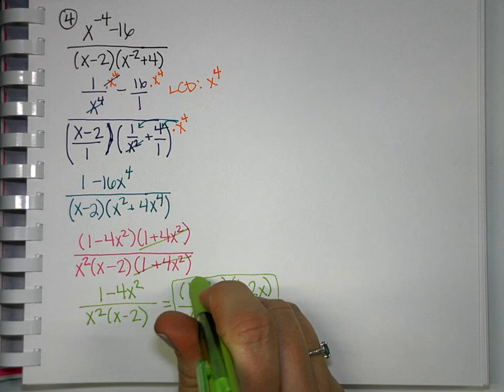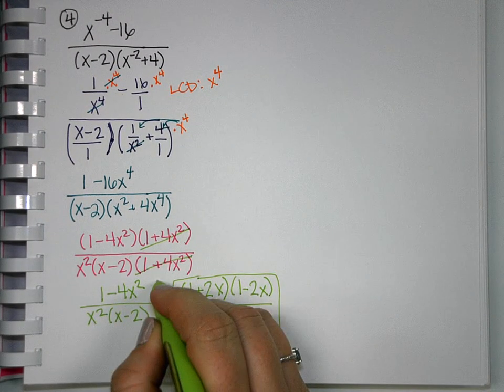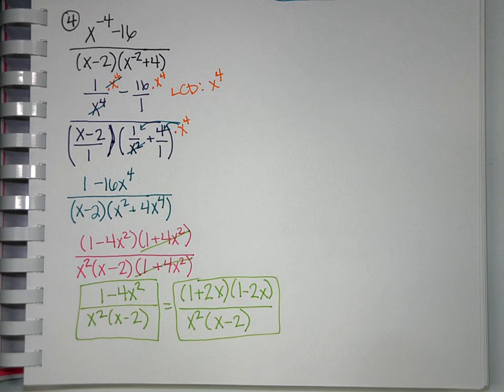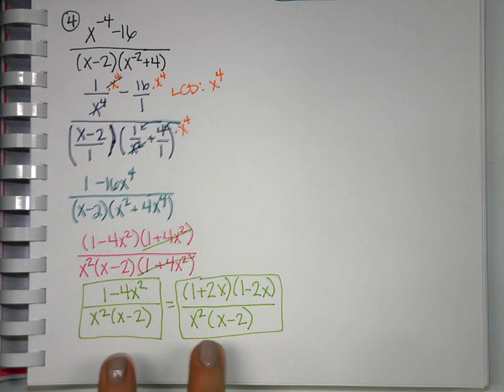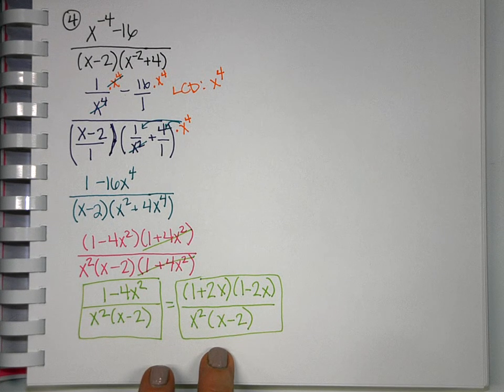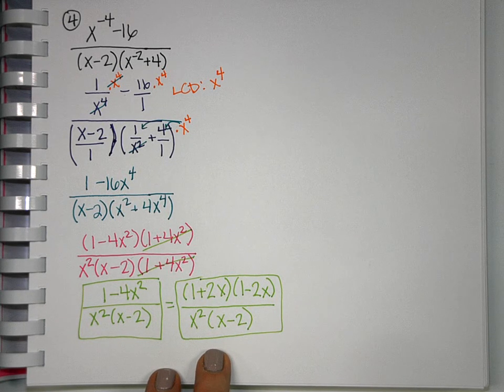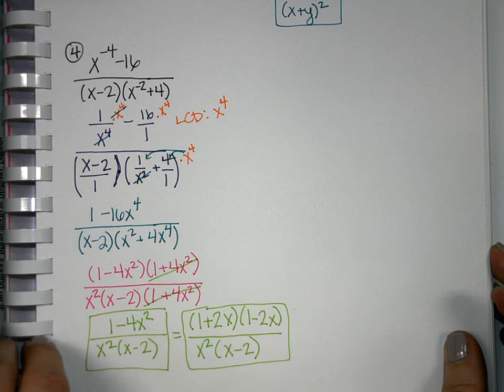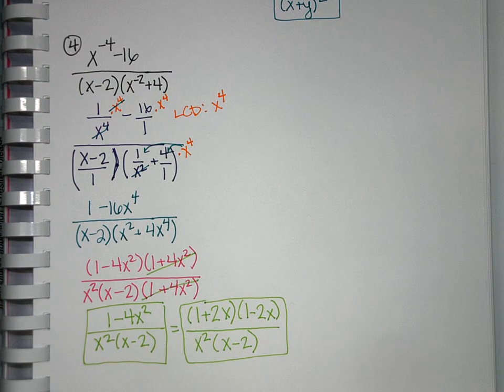In factored form, this is your simplified, and this is your simplified in non-factored form. So again, on a test, I will take either answer, but you always want to try to do this step to make sure you're not missing something that could potentially cancel out. So with this one, we followed the same process as the ones we've done before.